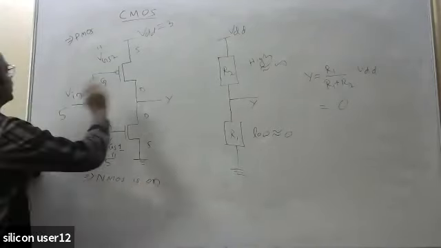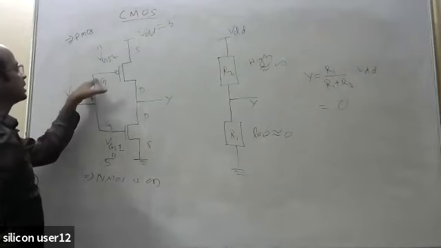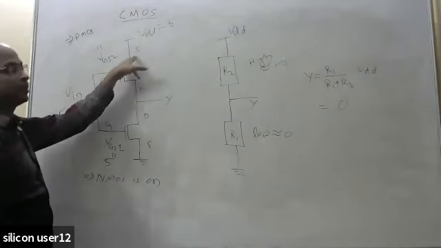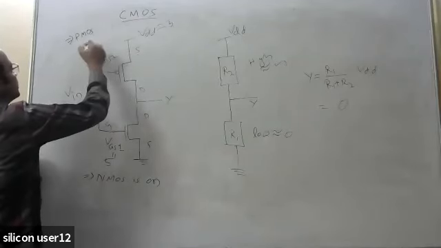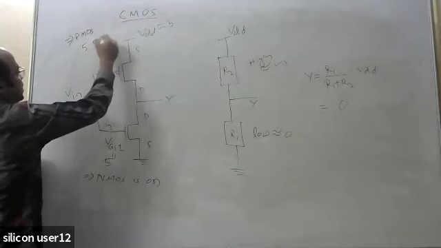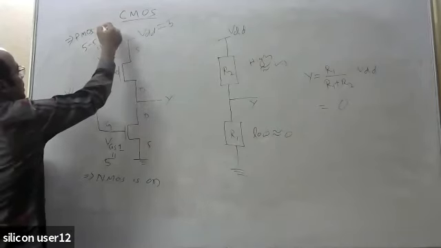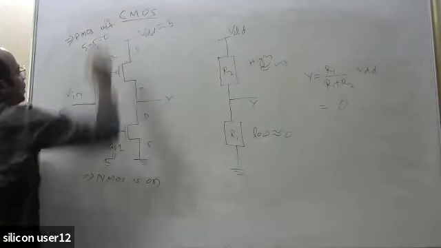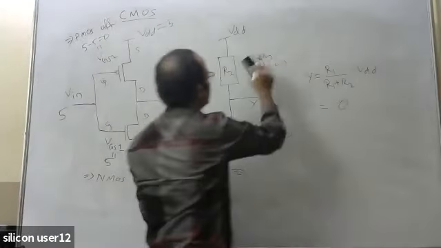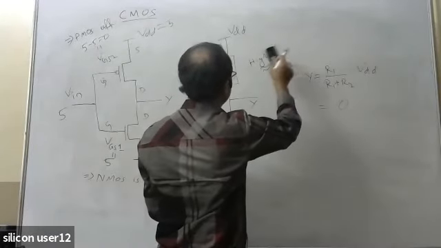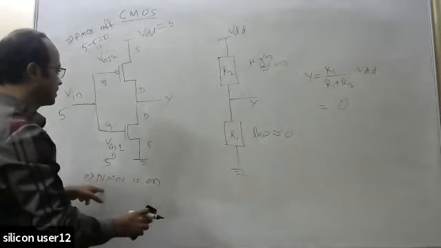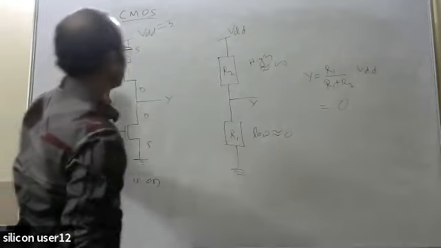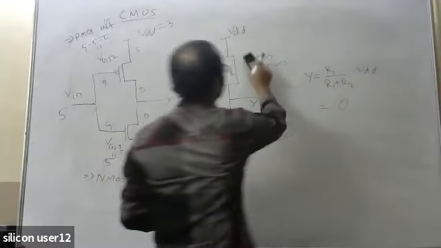Similarly, this gate is 5 volt and source is 5 volt, so VGS is 0, 5 minus 5 equal to 0, so it is off. PMOS is off.